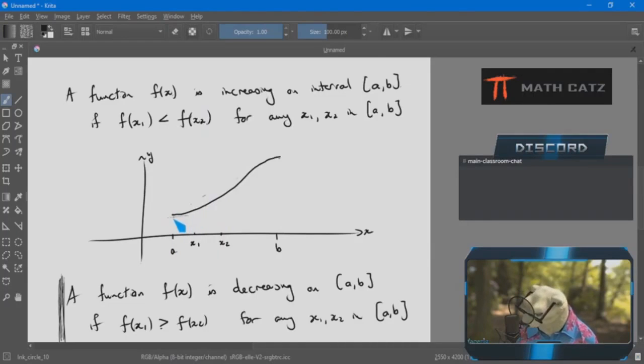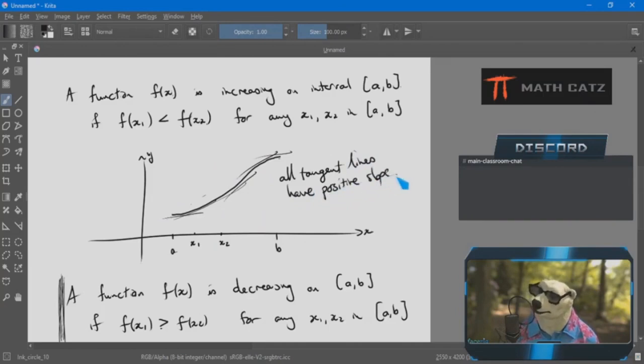I have a little flat guy here. He's not perfectly flat. He is still going up. And then he's getting steeper, steeper, steeper, then maybe slowing down a little bit, heading towards flat in this example. But all the tangent lines have positive slope values. Might be small, might be big, but they all have positive slope.